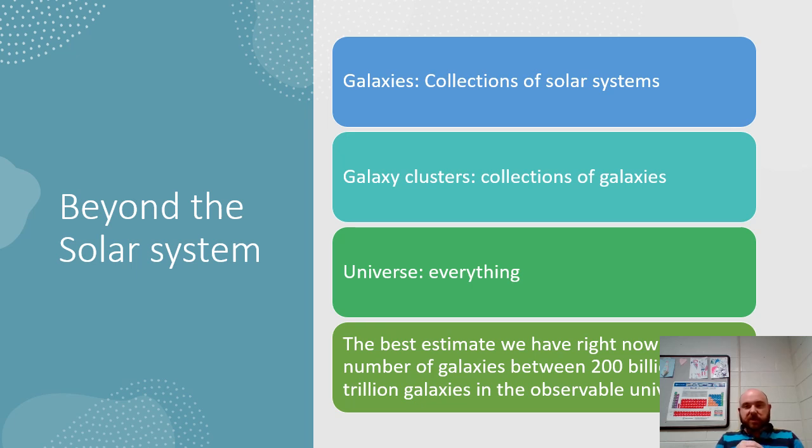Some of the definitions that we'll talk about over the next few slides. The first word is galaxy. A galaxy is a collection of solar systems kind of in one spot. Usually these solar systems may rotate or spin around some central point, but galaxies contain millions of solar systems.